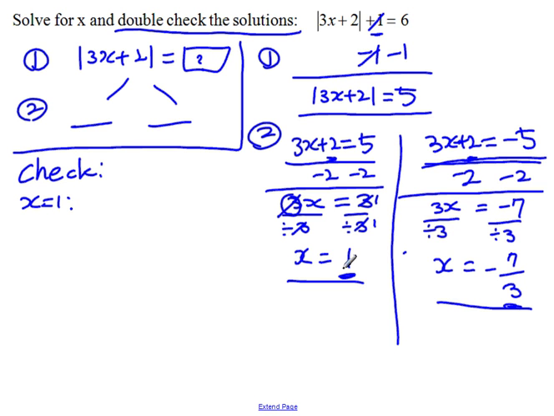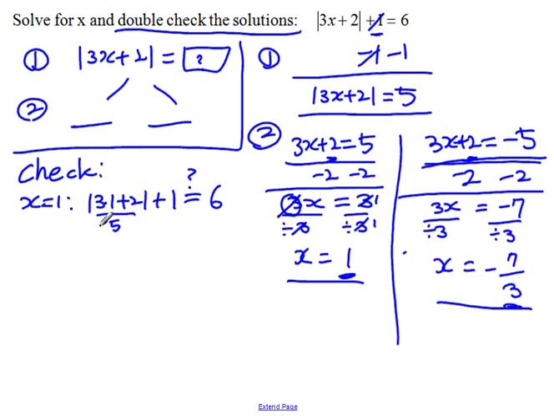If we plug 1 into the equation, we get the absolute value of 3 times 1 plus 2, plus 1 equals 6. What do we check? We check if this equation is satisfied, so if the left side is the same as the right side. It's trivial, right? Here, 3 times 1 plus 2 is 5.